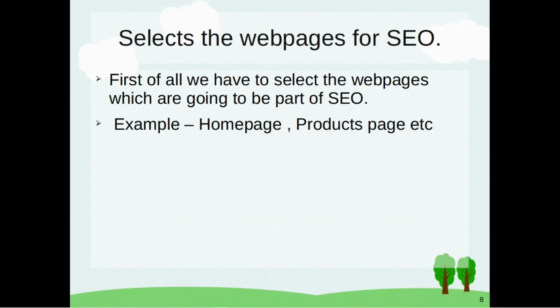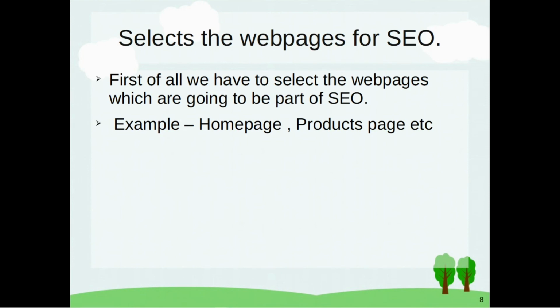For example, I can select only my home page and products page, which are totally connected with my business. If I do SEO of a blog page, then no one will go to see my blog page and what is written in the blog. So if we connect our SEO to the home page, they can visit our site and know about our business.